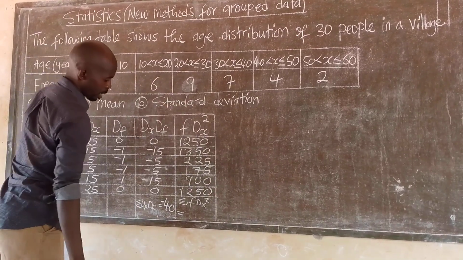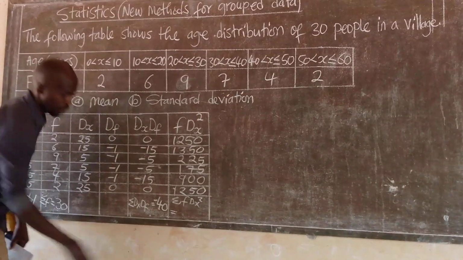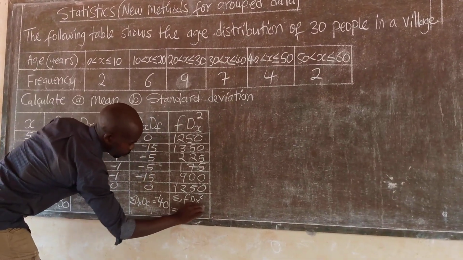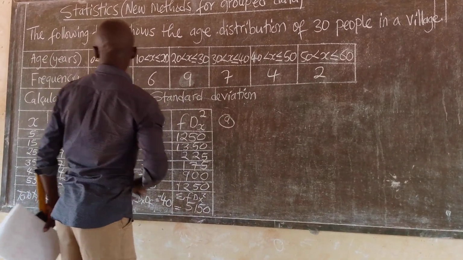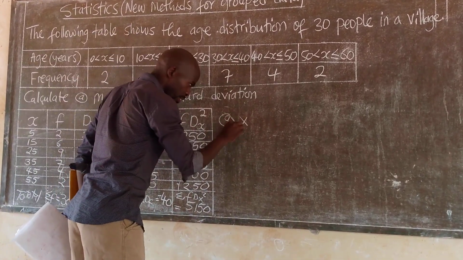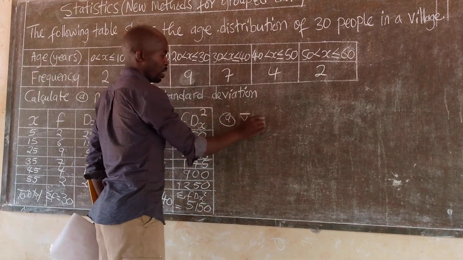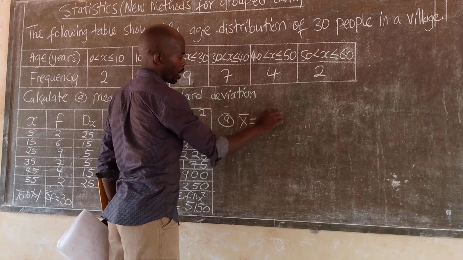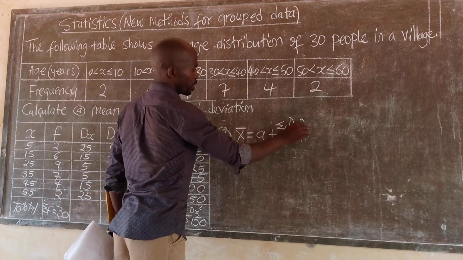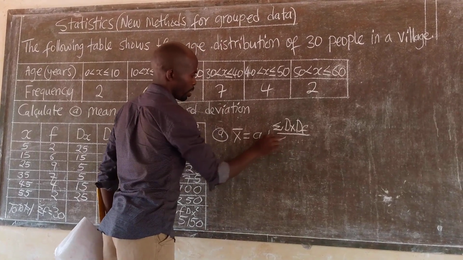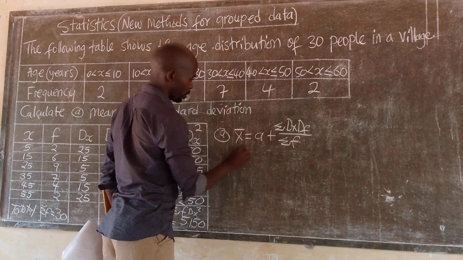When all these are added, the result is 5150. And the formula for calculating the mean, that is a formula I came up with, is A plus the summation of the product of dx and df divided by the summation of frequency.